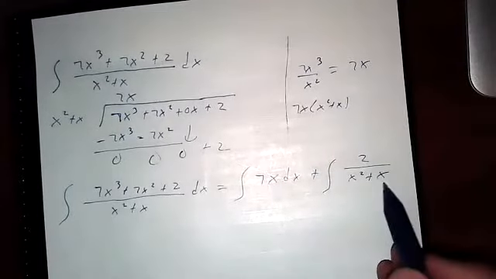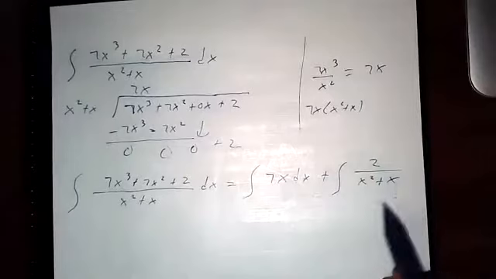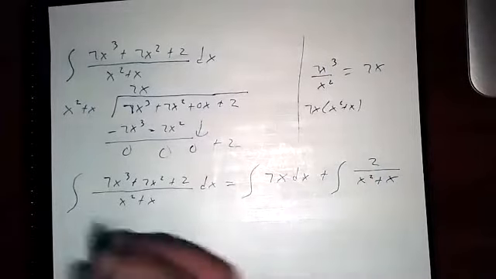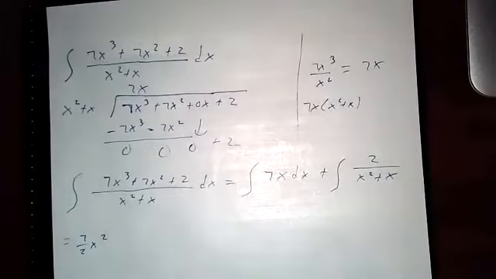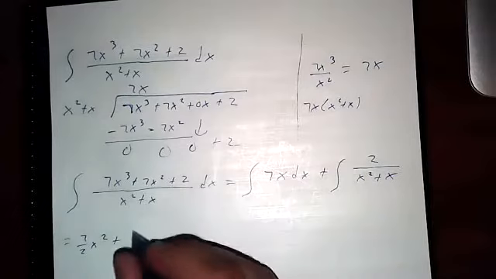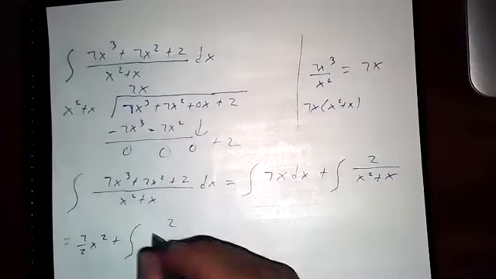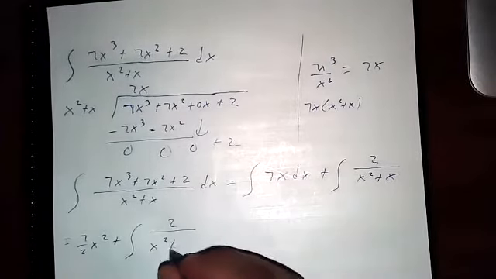So this piece will require a partial fraction. This is no big deal, right? That would be just 7 halves x squared plus the integral of 2 over x squared plus x dx.